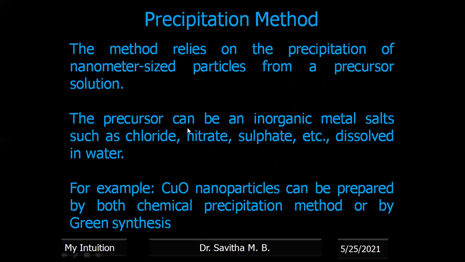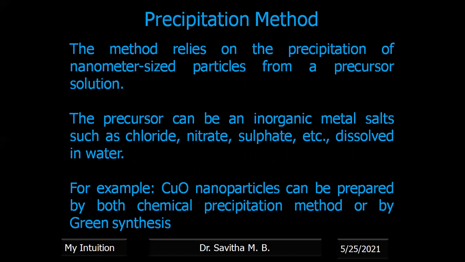The precursor can be inorganic metal salts like chlorides of the metal, metal nitrate, metal sulfate, etc. These are dissolved in water to form a uniform solution. Once you prepare a uniform solution, you precipitate out the metal in the form of hydroxide by adding suitable reagents.